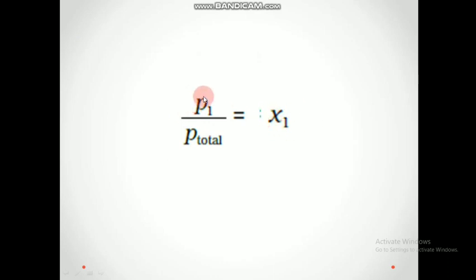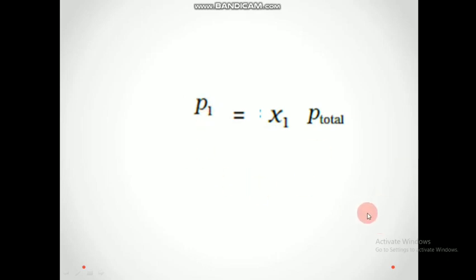And if we want to find out the partial pressure of one component, what can we do? We can take this P total to this side. So it becomes partial pressure is equal to mole fraction into P total. This equation is very important because when we know the P total, or the total pressure, and the mole fraction, we can find out the partial pressure of any component.